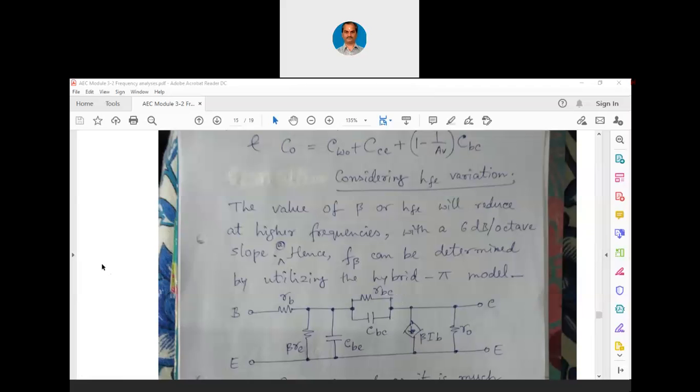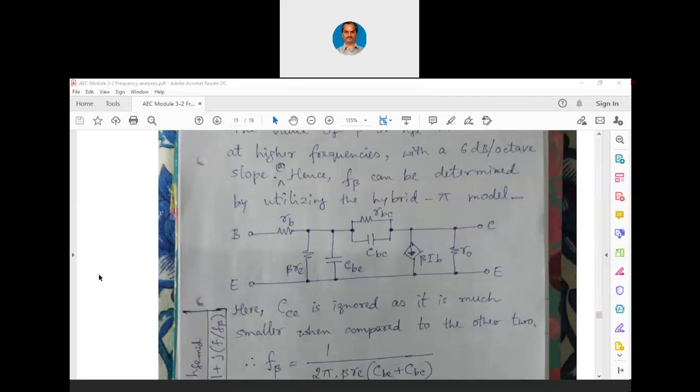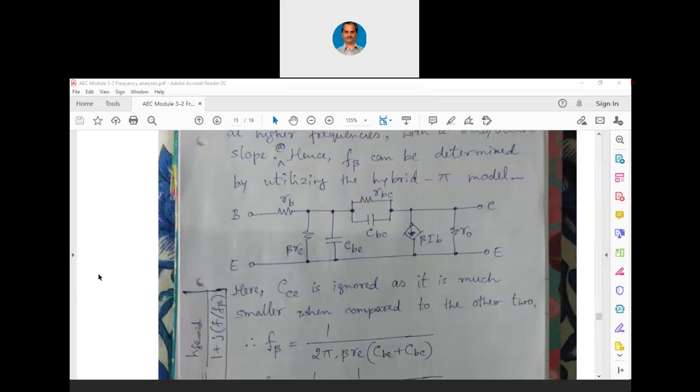But let us add it now because we are dealing with the high frequency analysis. So using this, we can find out one more expression called f beta. Along with fhi and fho, we can have one more frequency called f beta.